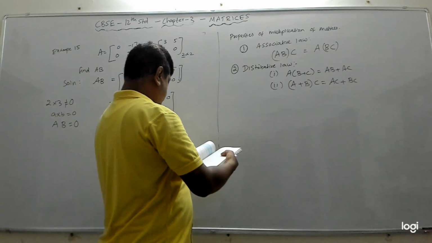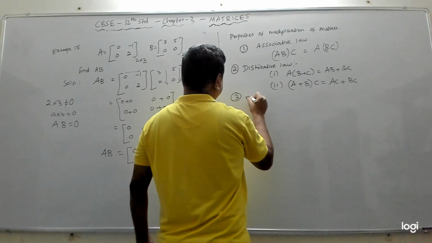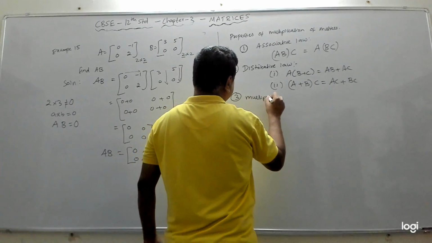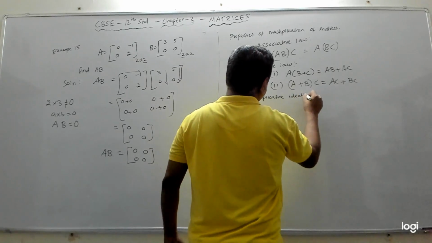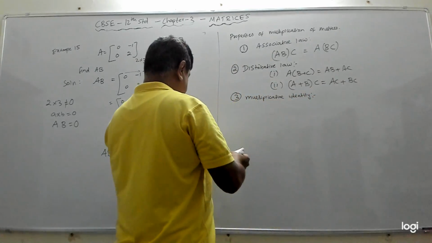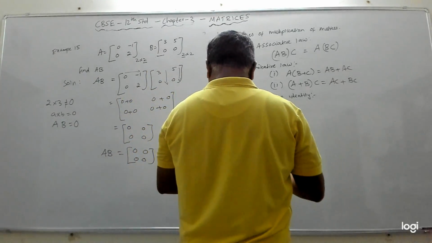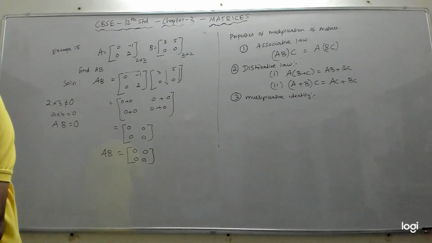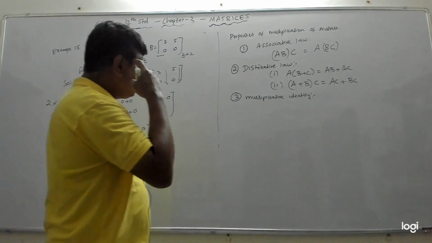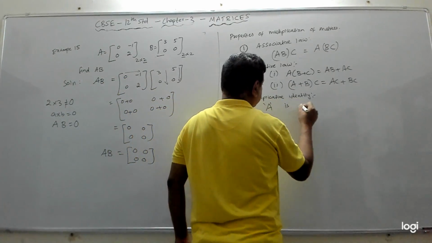The third one is the existence of multiplicative identity. What it says is, for every square matrix A, there exists an identity matrix of the same order.